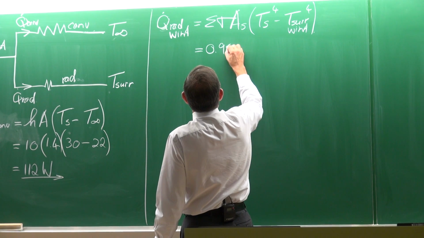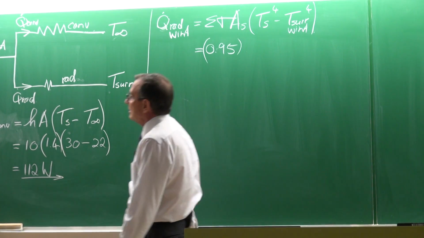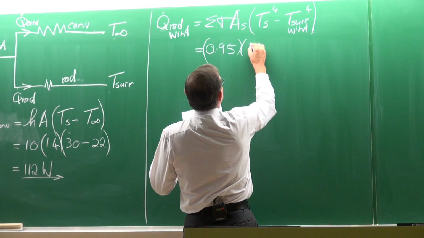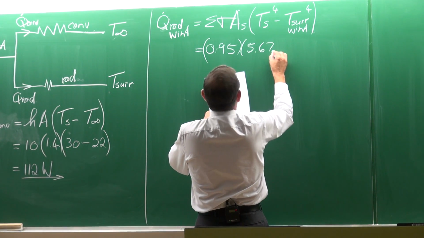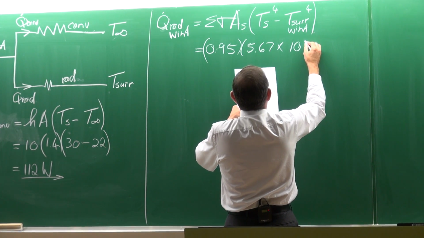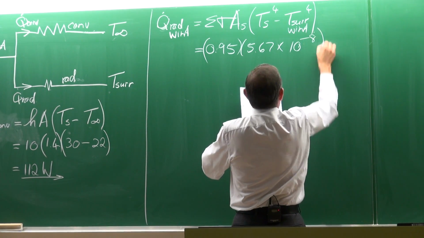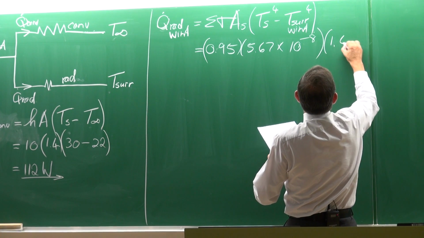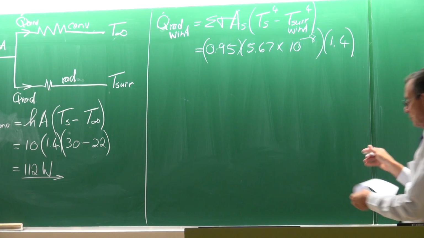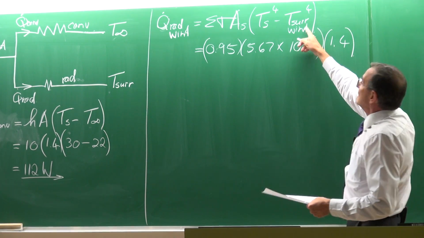So the emissivity of the human skin is 0.95. I've already showed that to you. Multiplied by the Stefan Boltzmann constant, 5.67 times 10 to the minus 8. Multiplied by the surface area, which is 1.4, multiplied by the temperature difference.